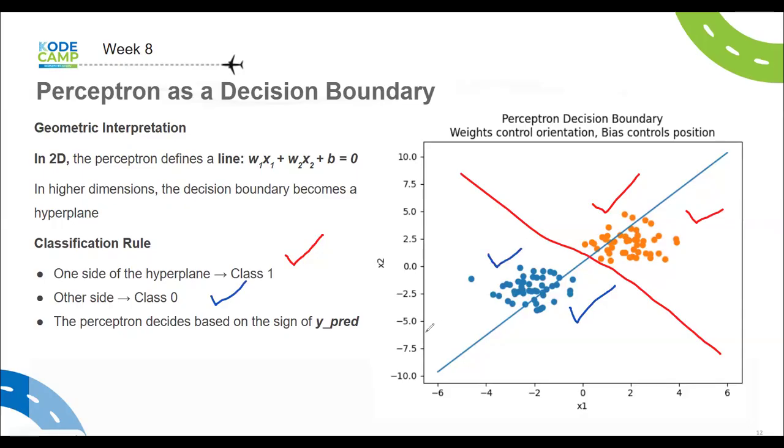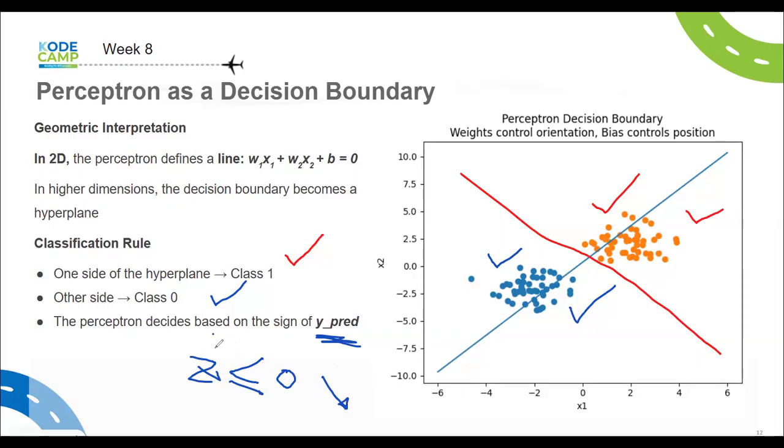Okay. So the perceptron decides based on the sign of Y pred. And what this means effectively is that in a perceptron, if the Z, which is the intermediate value, is less than or equal to 0, then it goes to negative classification.